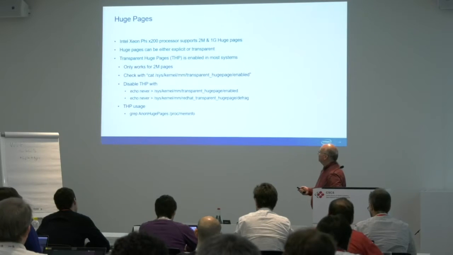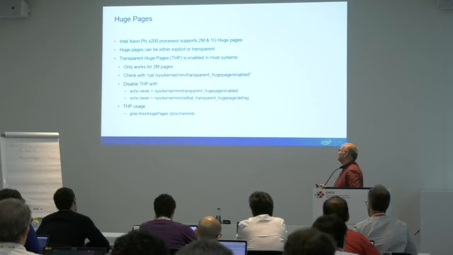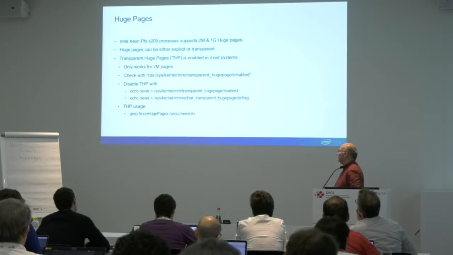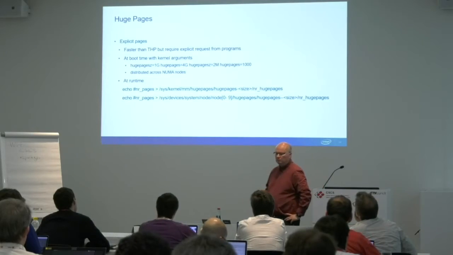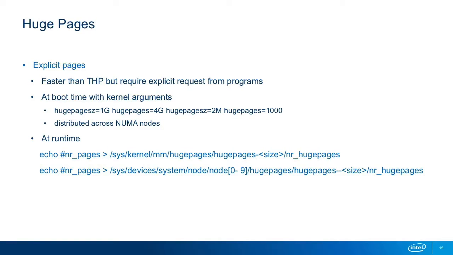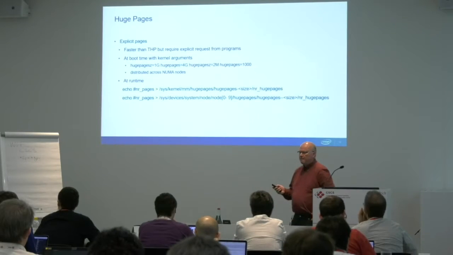Or you can check if it's enabled by reading this file here from the kernel file system. So probably not too interesting for most of you. And faster than the transparent huge pages are the explicit pages that can be set similarly.